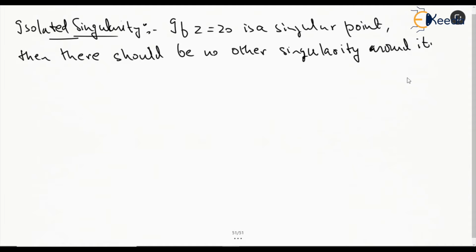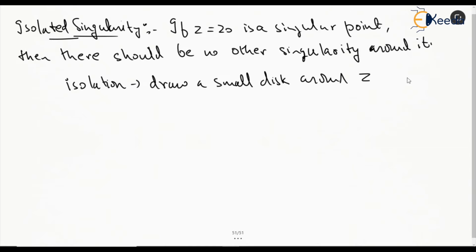So isolation is nothing but if we can draw a small disk around that point, let's say z naught, with no singularity coming within it.